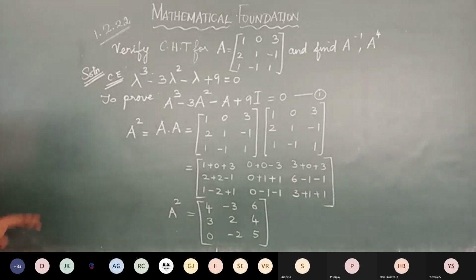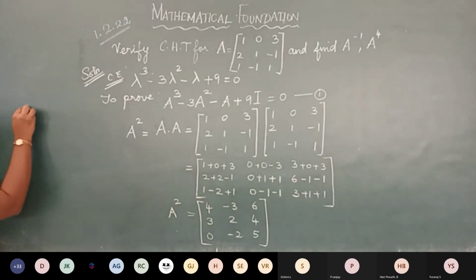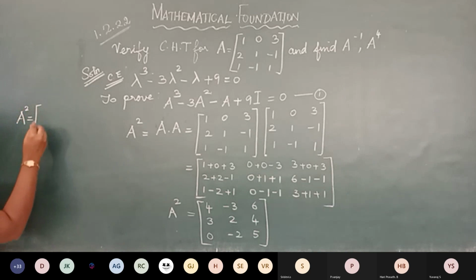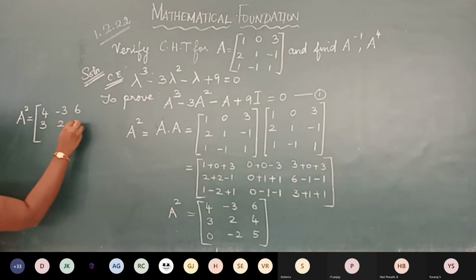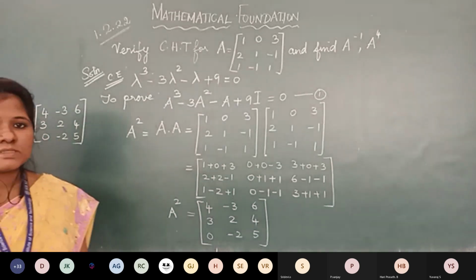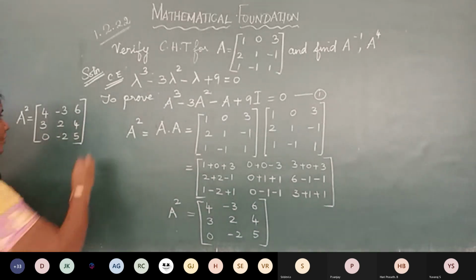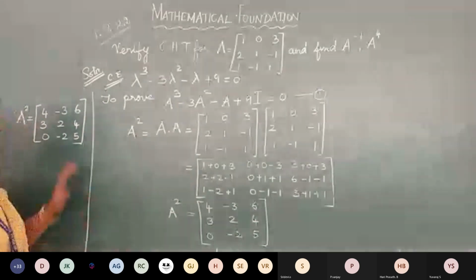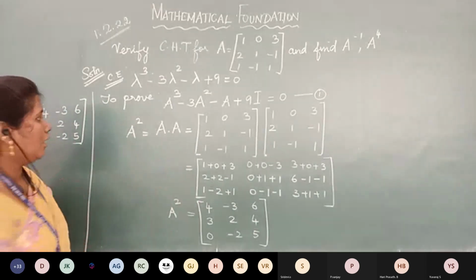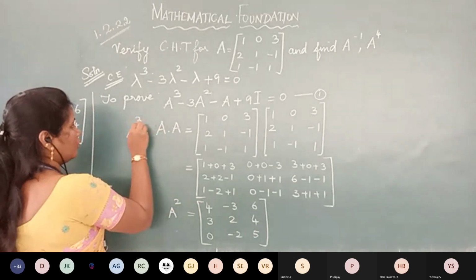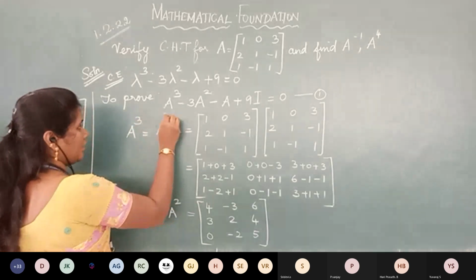So your A square is 4 minus 3, 6, 3, 2, 4, 0, minus 2, and 5. Similarly, after this, you can find out your A cube. A cube is A square into A.